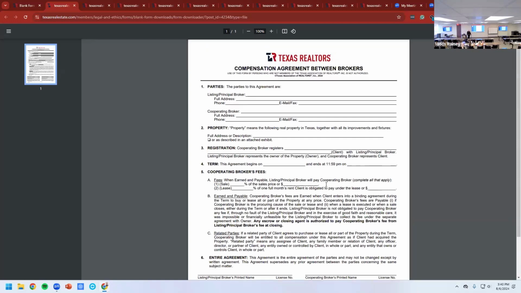I would not do this for every single house you're showing. I would do it when they tell you, hey, I'm really interested in this one. When you're doing your due diligence, maybe you send this over and get the other broker to sign it. If they've told you maybe verbally that we are offering compensation, this form can be used. It's an agreement between brokers.